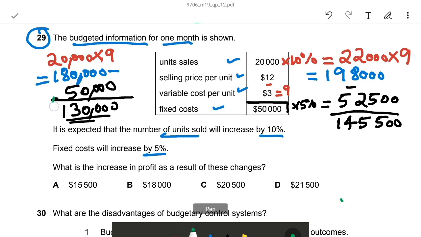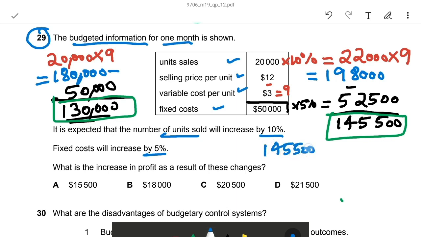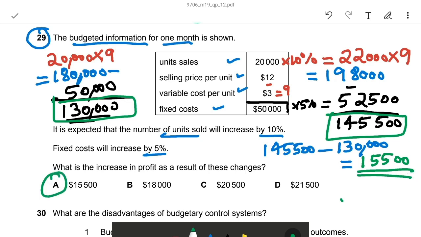The old profit is 130,000, but at increased units and increased fixed cost, the profit is 145,500. So what is the difference? 145,500 minus 130,000, that is 15,500. So the correct answer is option A.